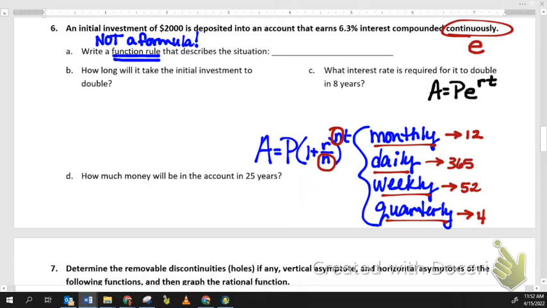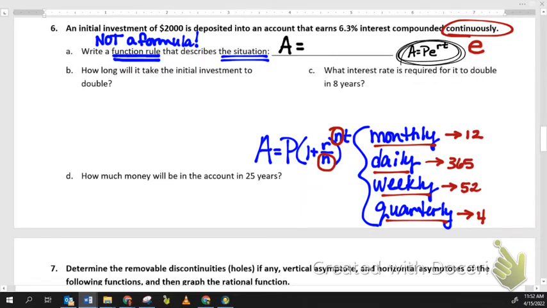A function rule that describes this situation, I have to take any numbers that they've given me up to this point and substitute them into the formula. That would give me a function rule. So we already said which formula we would be using. That was this one right here. So I have A equals, what could I substitute in for P?